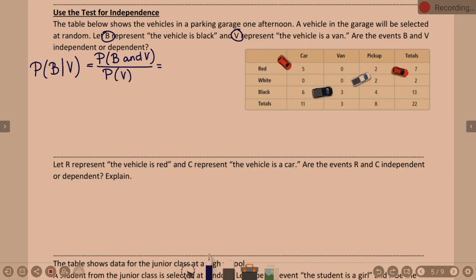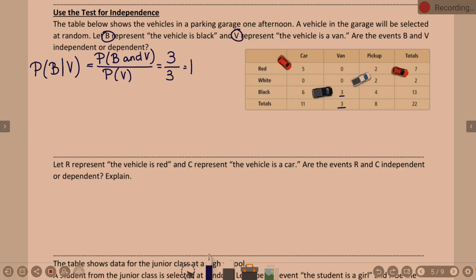What's the chance of the vehicle being black and a van? 3. What's the chance the vehicle is a van? 3. And what's 3 over 3? 1. So right there, that's the probability of black given it's a van.